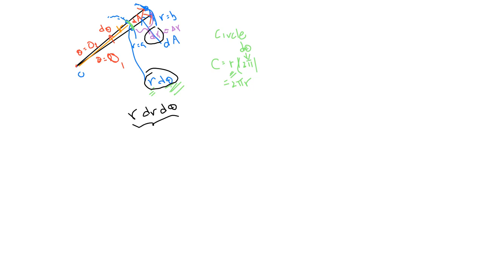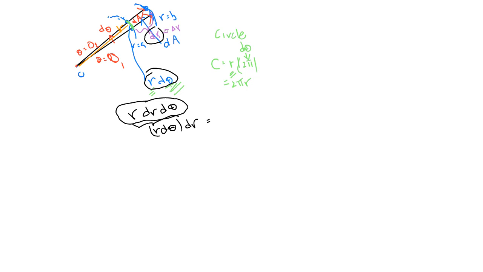That's like taking r d theta and multiplying it by dr. And that's why you get r dr d theta as your dA.